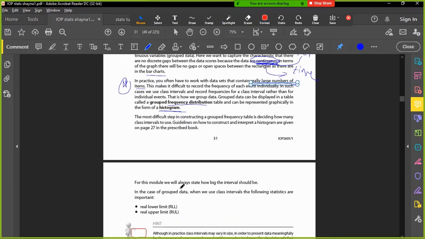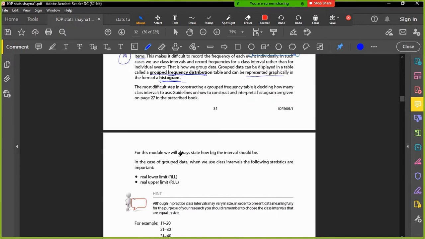Here they said at the beginning, grouped data can be displayed in a table called a grouped frequency distribution, and it can be represented as a histogram. Then they said, for this module, we will always state how big an interval will be. So that will give you how big the interval has to be.